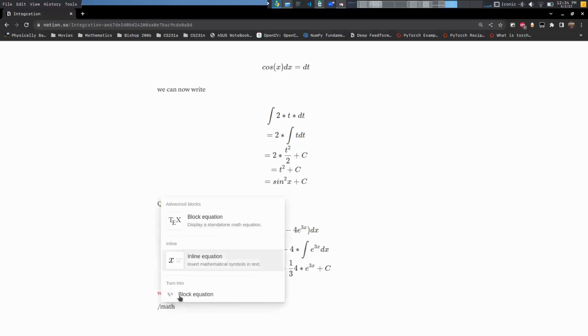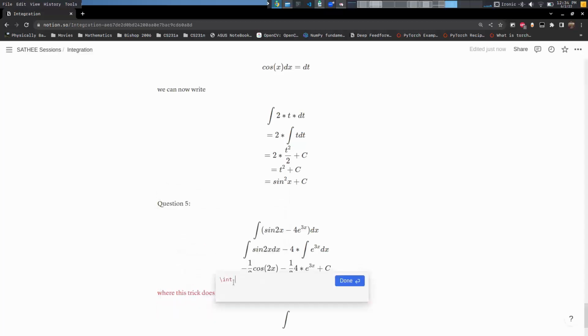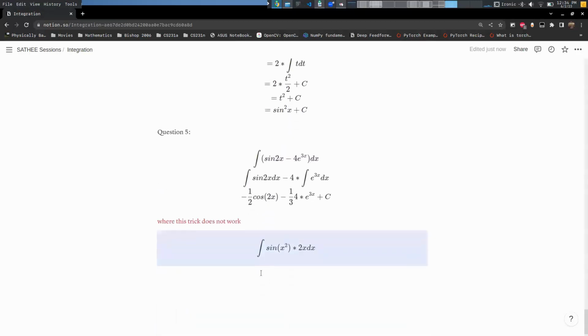So suppose we are asked to evaluate the integral of sine x square into 2x dx. Now here you cannot use this trick.